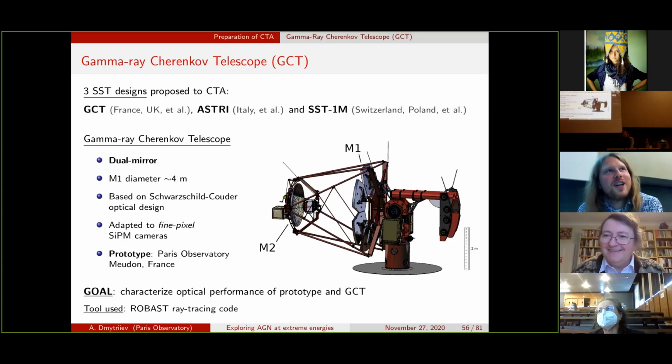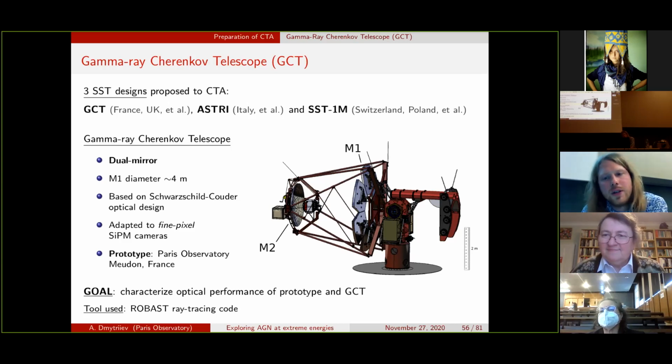Yeah, good question. So the mirrors are metallic because, first of all, it's very difficult to polish glass mirrors very well; it's difficult technologically, and second, it's much more expensive. And the mirrors are segmented because you need to achieve a particular shape, which would again be very costly and very difficult if the mirror were monolithic.